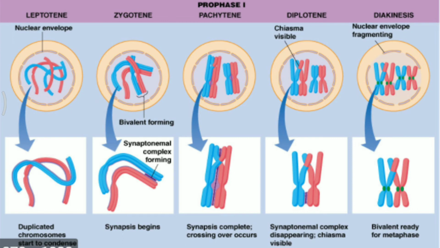The bivalents have moved apart and they are ready for metaphase. So in metaphase, half of the 23 chromosomes will go to one pole, and the other half will go to the other pole. So the entire chromosomal movement will be taking place, and the chromosomes will get segregated.